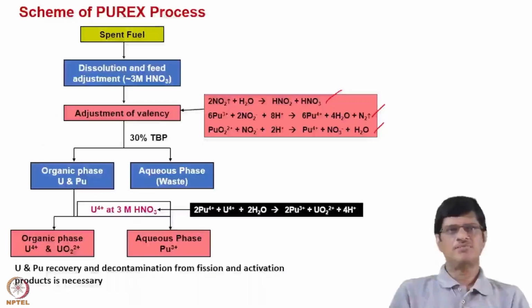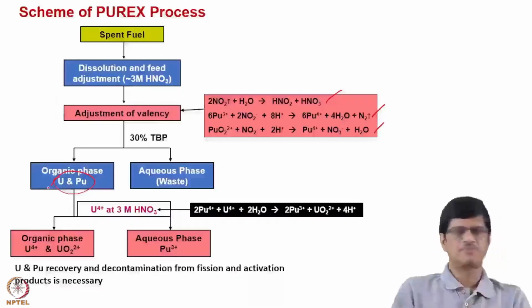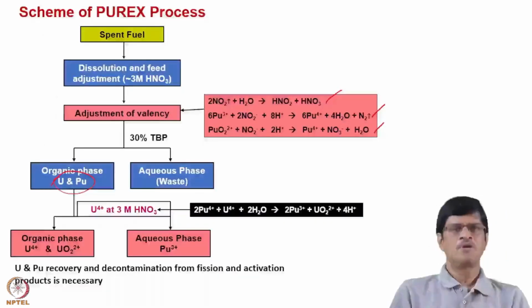Using 30% TBP, the organic phase is having both uranium and plutonium as the expected species that I have already discussed before.